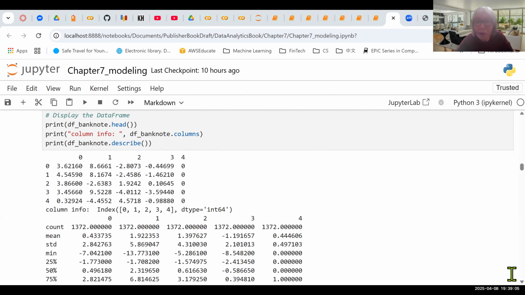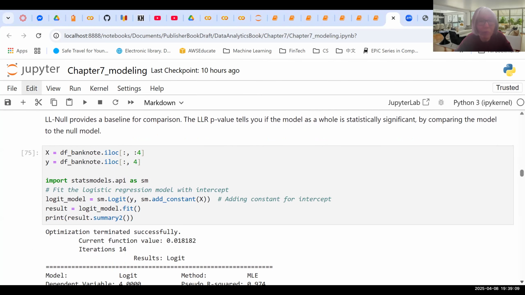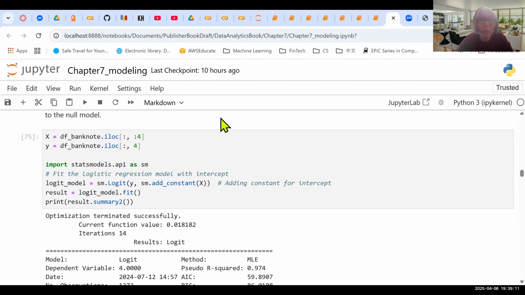So then let's see, how do we do it? We first need to get the X and Y values. If you recall from pandas, you can use slicing to get the four independent variables, and this is indexing to get the Y values.